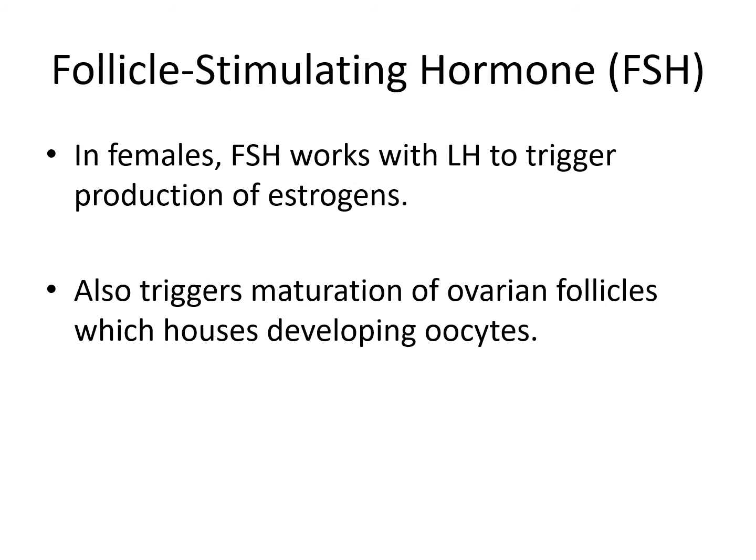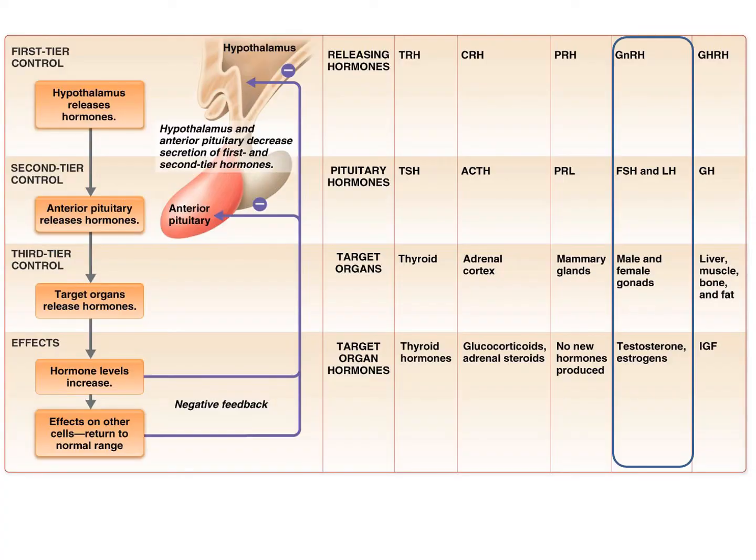In females, FSH works with LH to trigger production of estrogens and also maturation of ovarian follicles, which house developing oocytes. So here we have gonadotropin releasing hormone from the hypothalamus, which stimulates FSH and LH from the anterior pituitary, and these will have effects on the male and female reproductive organs, which also secrete their hormones such as testosterone and estrogens.